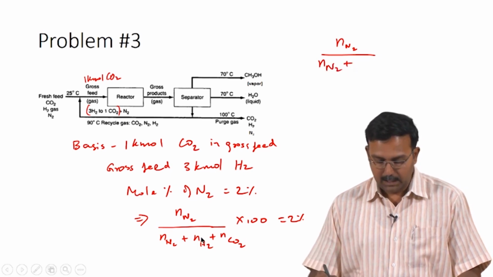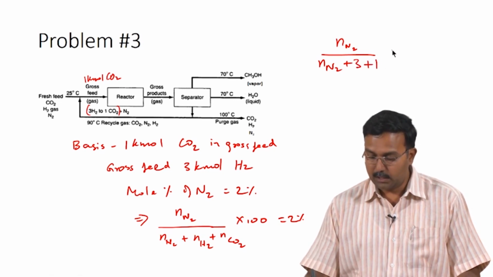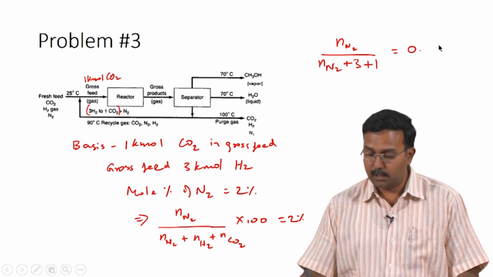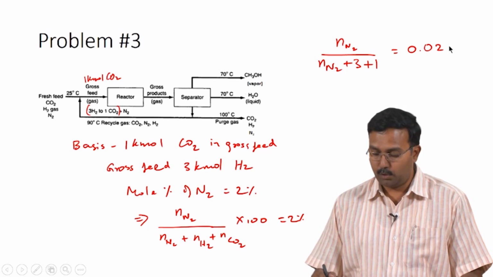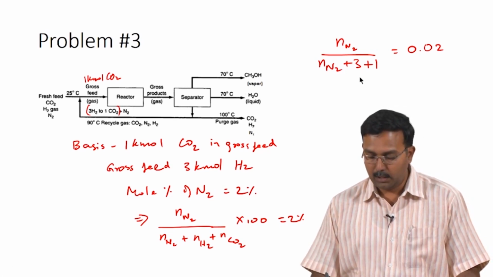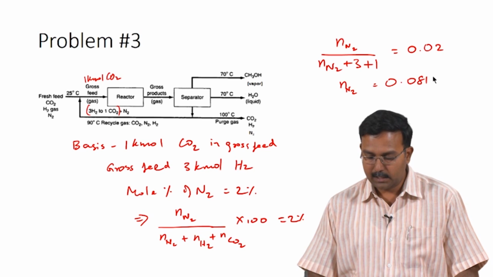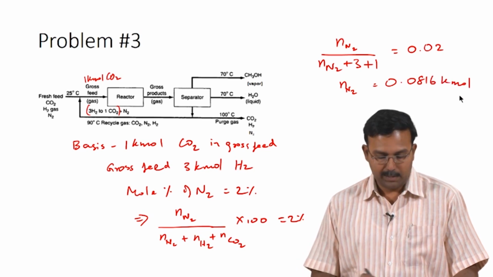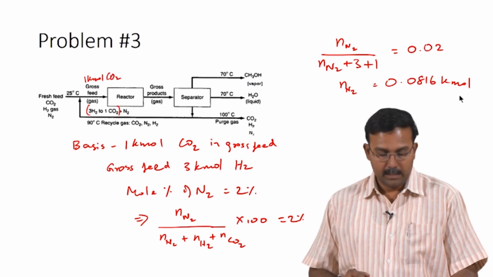We know that hydrogen is 3 kilomoles and carbon dioxide is coming in at 1 kilomole, and the mole percentage is 2%, so the mole fraction is 0.02. Using this we can calculate the number of moles of nitrogen, and the value we would get is 0.0816 kilomoles. So, we have 0.0816 kilomoles of nitrogen coming in.